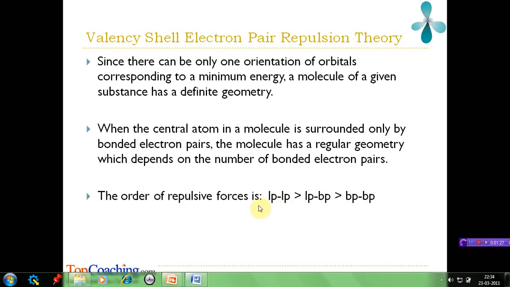That means the repulsion between two lone pairs is maximum and repulsion between two bonded pairs of electrons is minimum. Now, while electrons in a bond are held by the attractive forces exerted by two nuclei, the lone pair of electrons, being associated with only one nucleus, tend to occupy a greater angular volume and therefore cause higher repulsion.